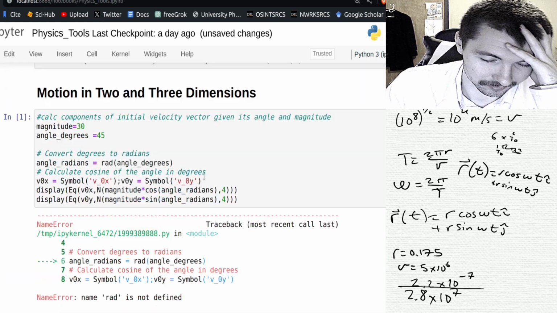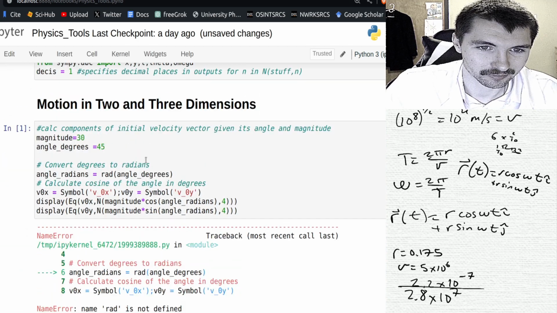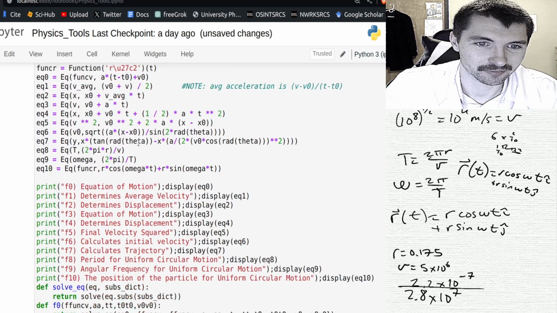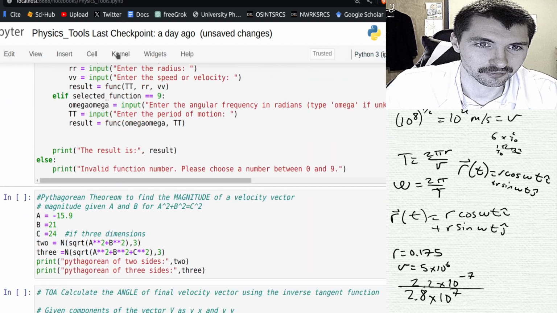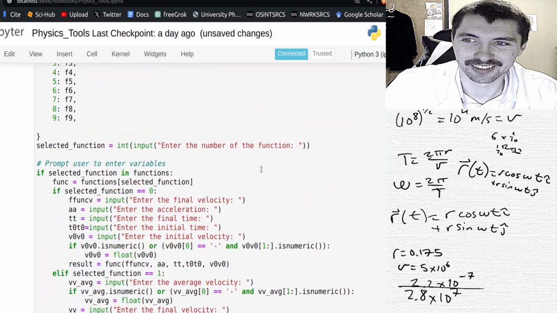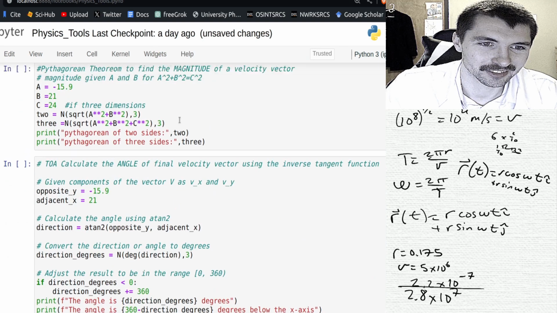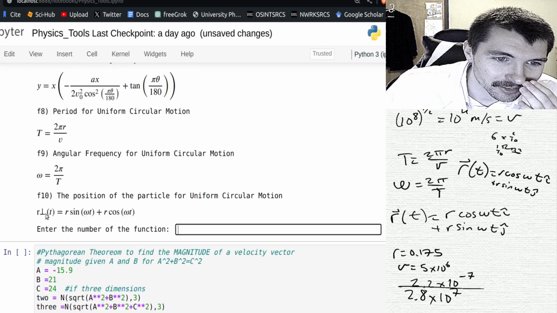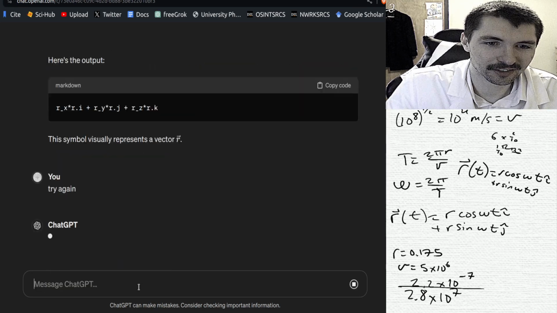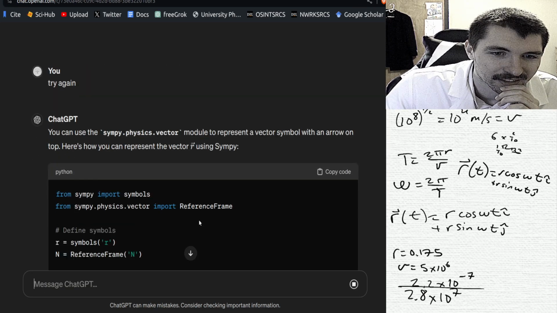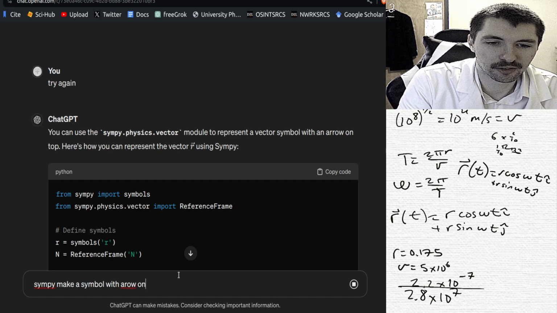It gave me a perpendicular sign. Try again. Make a symbol with an arrow on top.